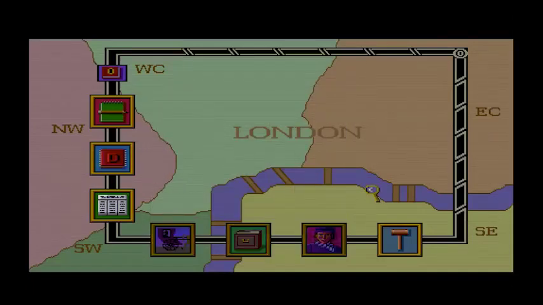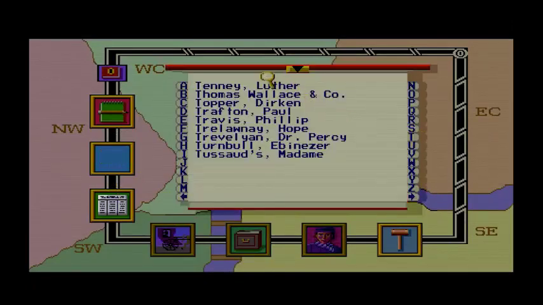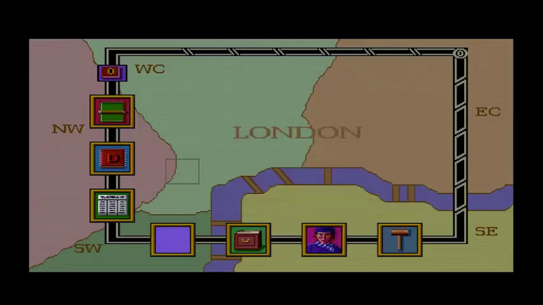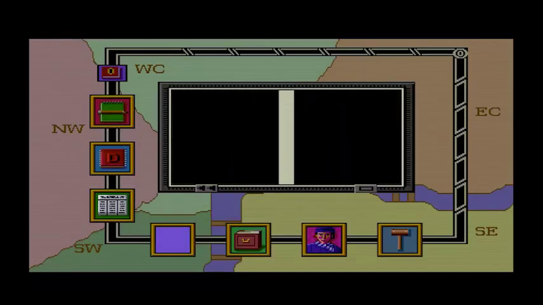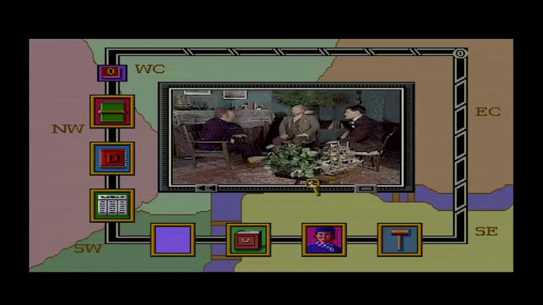Luther Tenney, we visited him, if I'm not mistaken. Let me tell you, a murder, even by a 4,000-year-old mummy, was only one odd thing in a string of bad luck on this voyage.